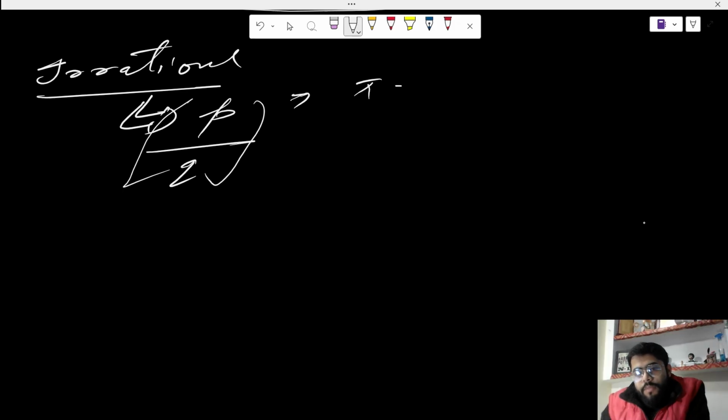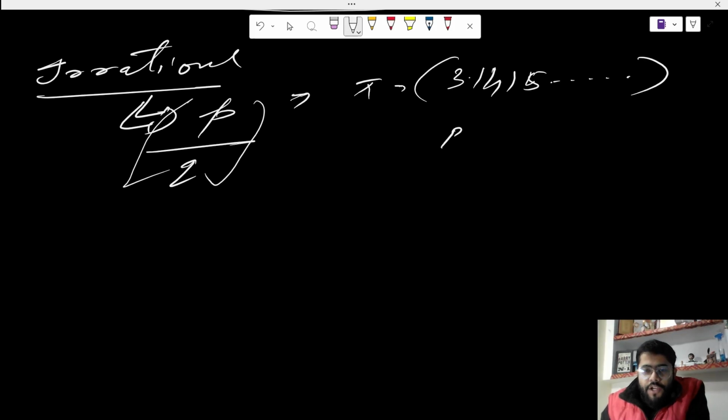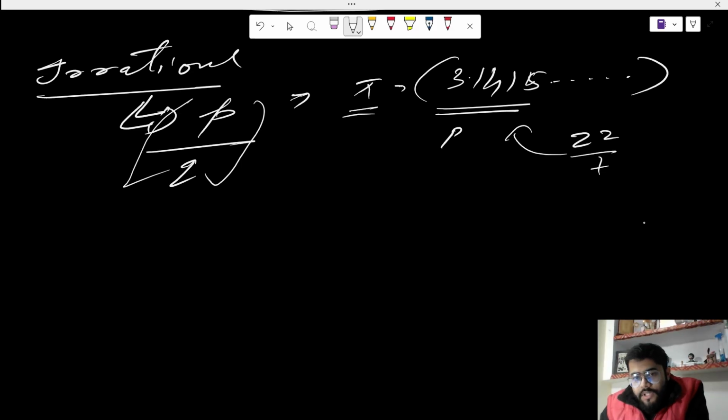Example, the value of pi, like 3.1415, and it goes on and on. You cannot write it as a fraction. You cannot find a perfect fraction for this value. We do write 22 by 7, but it is not the actual value of pi. Pi and 22 by 7 are totally different things. Pi is related to the circle, and 22 by 7 is a value which is close to 3.1415. So this is an irrational number.